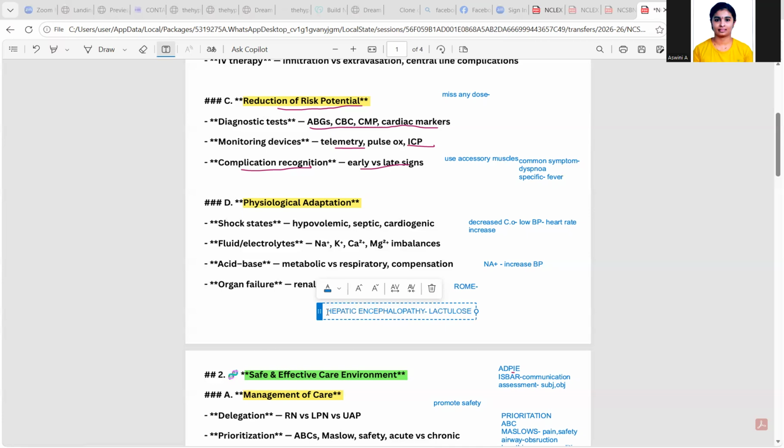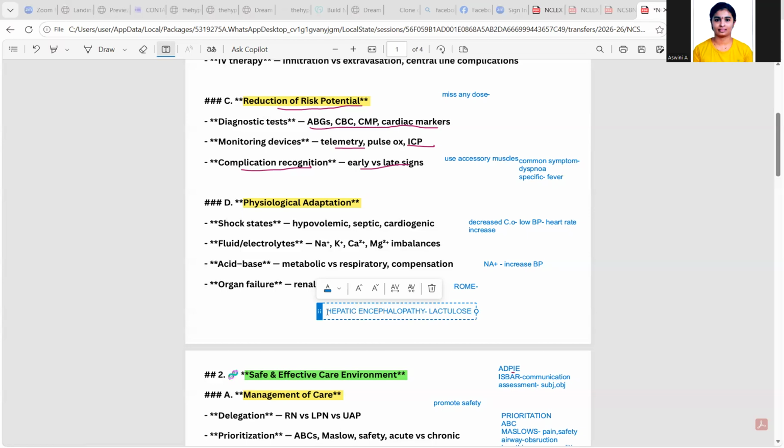Sometimes they will start the case study with liver failure or liver cirrhosis, and there the question can lead to hepatic encephalopathy management. That means we need to identify that sometimes the client has developed sudden confusion, restlessness, and disorientation.